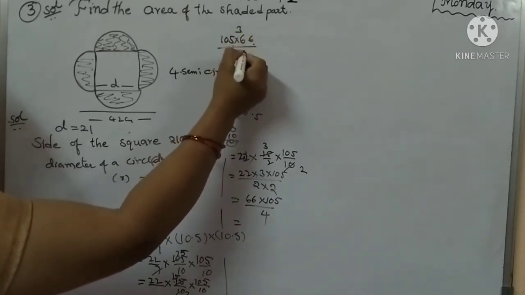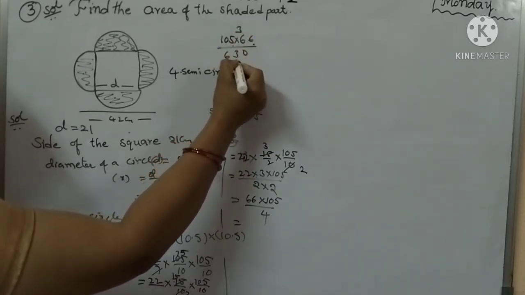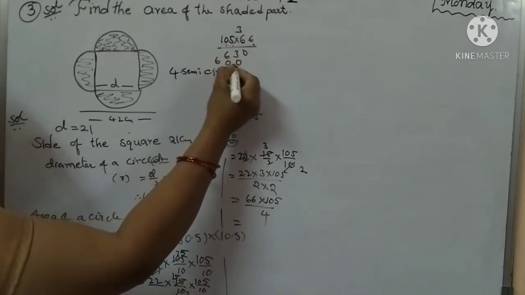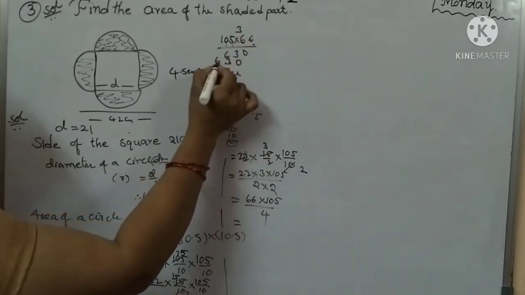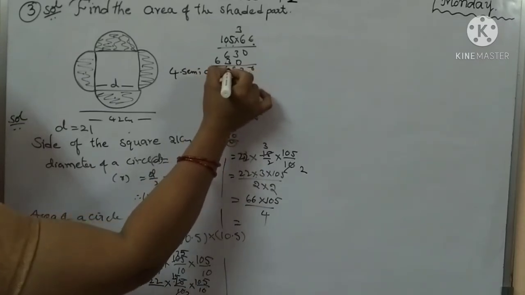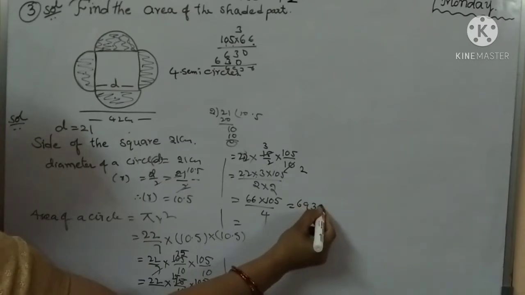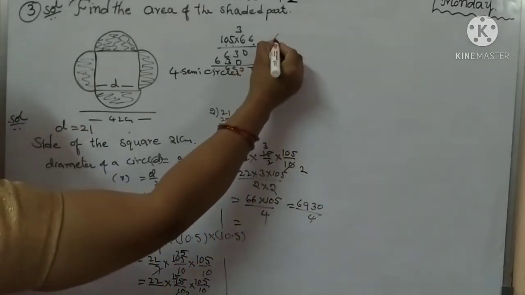6 fives are 30, 0, 3, 6 ones are 6, 6 fives are 30, 0, 6, sorry here 3, 0, 3, 9, 6. So 6930/4.